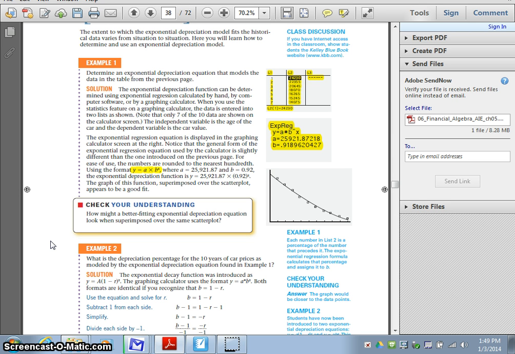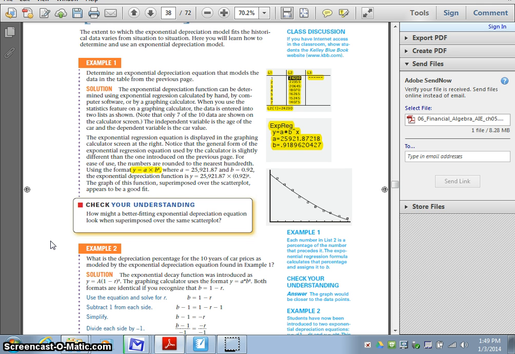You should have a TI 83 Plus, and if you do, you will be able to follow this process. It says when you use it on the graphing calculator, the data is entered into two lists as shown. You can see that I've got it highlighted here on the right-hand side where it says L1, L2. List 1 just lists 1, 2, 3, 4, 5. That's for each particular year.